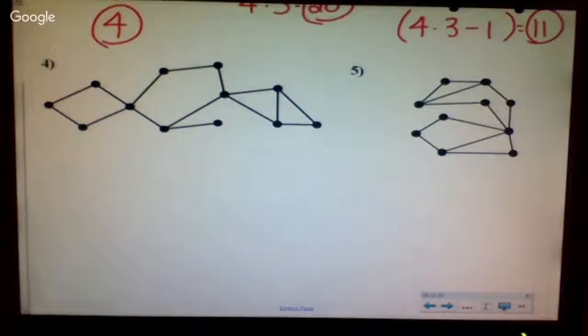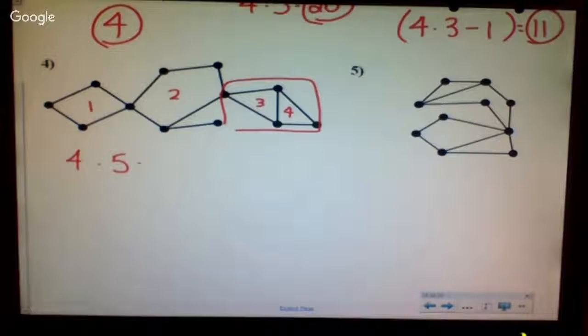Okay. Number 4, how many circuits? 4. There's 4. 1, 2, 3, 4. Do I have any circuits that share anything in common? Yes, 3 and 4. So this grouping will need to go in parentheses when we get there. So edges in circuit 1, 4, times edges in circuit 2, 5, times. Now these 2 are grouped together, so they go in parentheses.